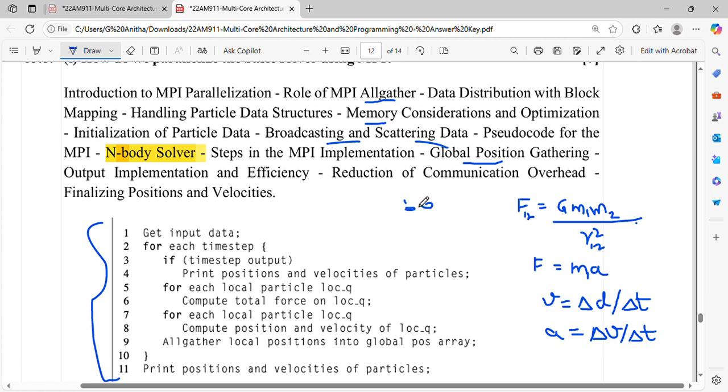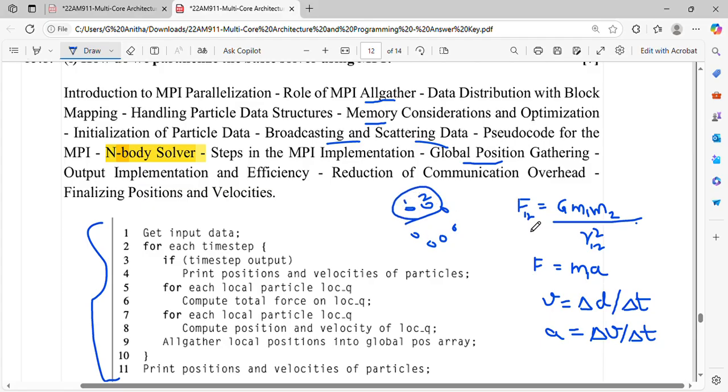I am considering only two of them in the whole mass of particles. There may be many particles, but I am concerned about only these two.